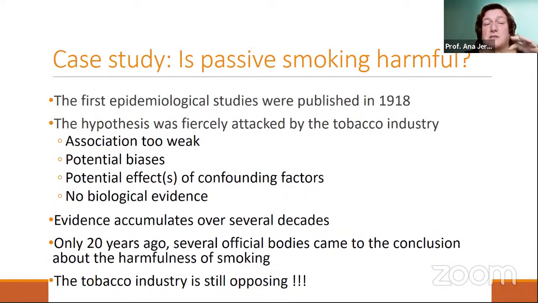The results could be affected by confounding factors, and there is no biological evidence. However, after evidence accumulated for several decades, 20 years ago, several official bodies came to a conclusion about the harmfulness of passive smoking.